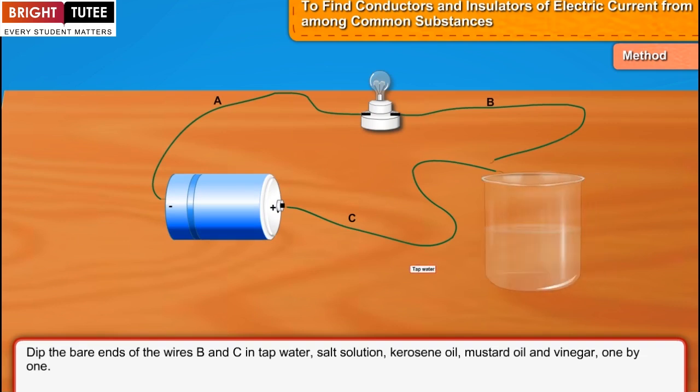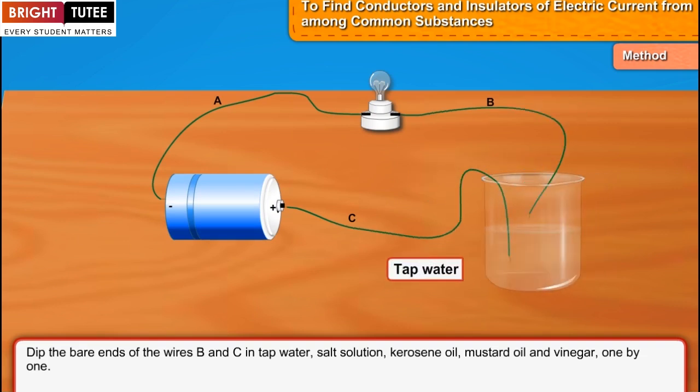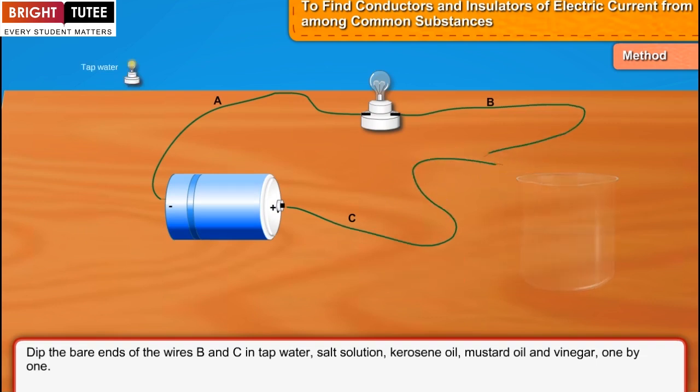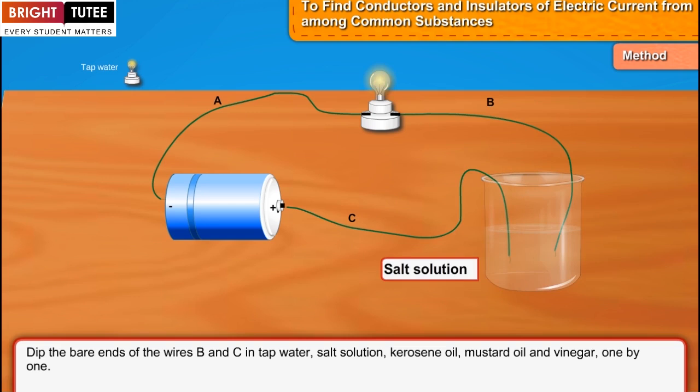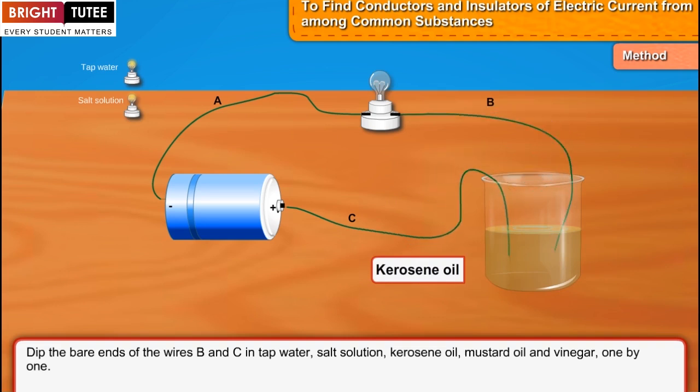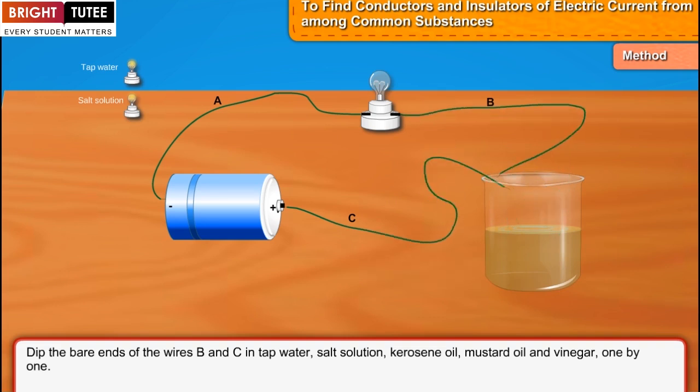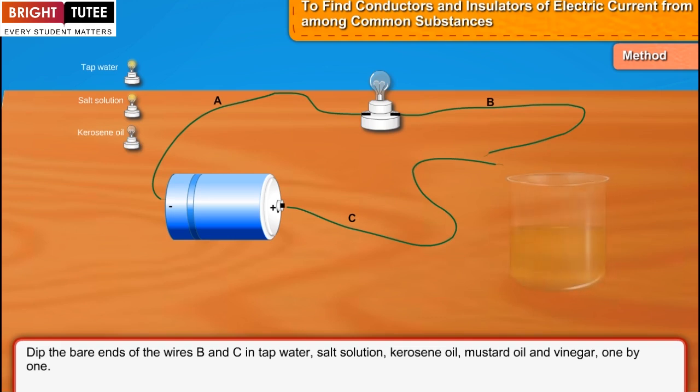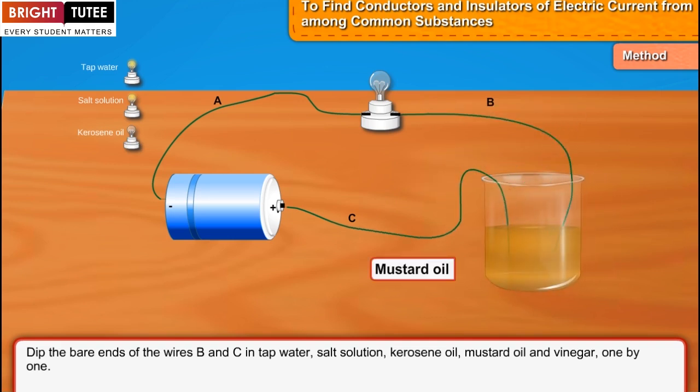Dip the bare ends of the wires B and C in tap water, salt solution, kerosene oil, mustard oil and vinegar one by one.